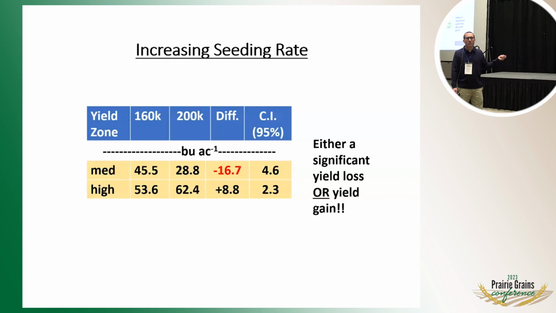Probably used too much of the very limited water that was there. But in those high yielding zones, we actually had an 8.8 bushel increase. And it averaged out to about nothing, but that just shows the amount of variability in the different results you can see in a field.